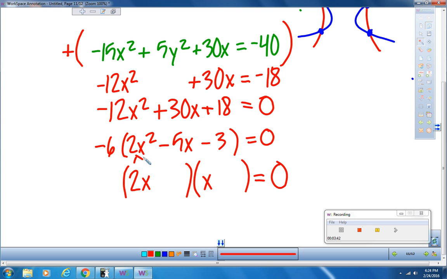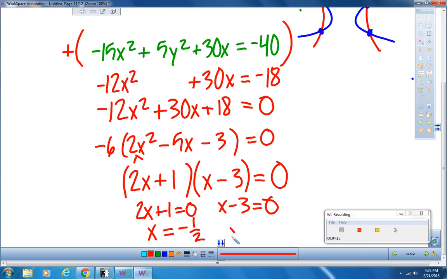By a couple guess and checks, I can decide on x minus 3 and 2x plus 1. This leaves me with x being -1/2 or x being 3 for my solutions.